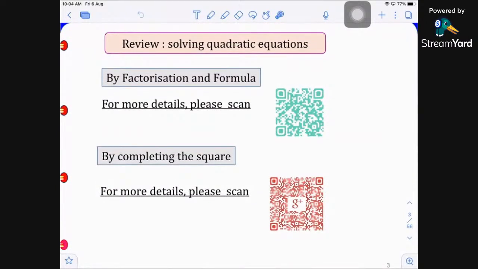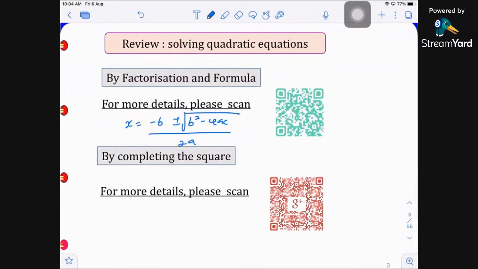First we need to know how to solve quadratic equations. But quadratic equations you already learned how to solve in Form 4 and Form 5. So for 2 years you have been solving quadratic equations. Then you also learned the formula x equals negative b plus minus square root of b squared minus 4ac, over 2a.